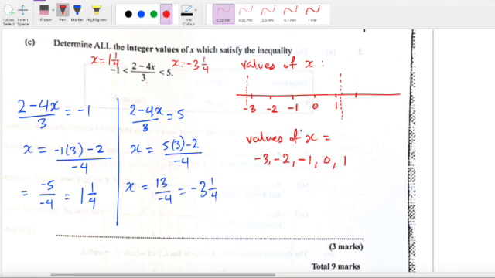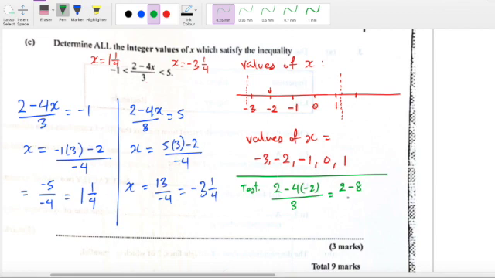Now you could test this. So let's just test -2 just to see, right? So it's a test, and we will put -2 because we tested -2 in the thing. And what will we get? 4 2s are, this is 2 minus 8.